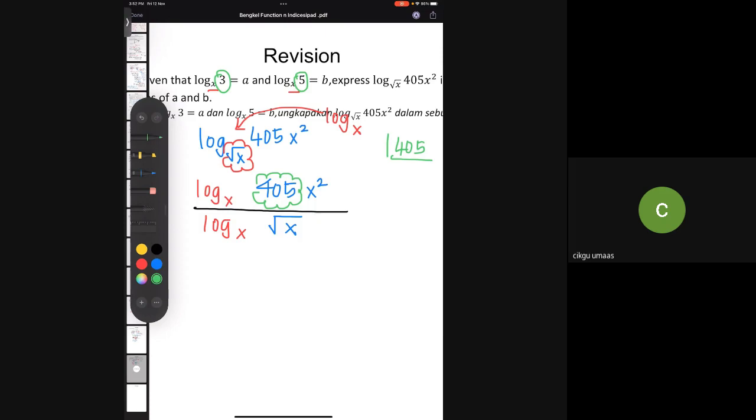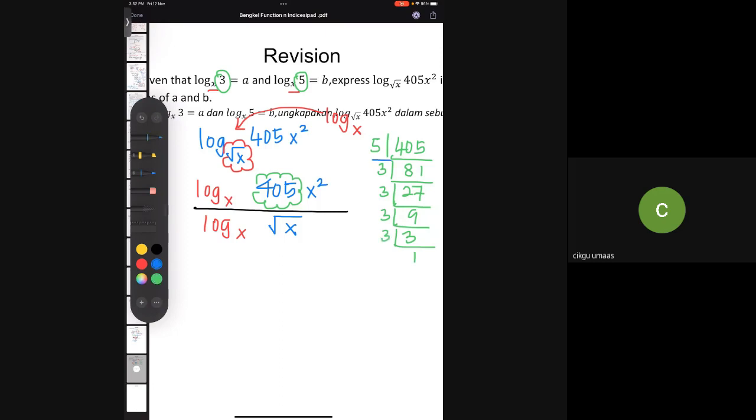Lowest common multiple. For example, if my math is very weak, I use this method. So I divide by 5, get 81. Divide 3, get 27. Divide 3, get 9. Divide 3, divide 3, 1.